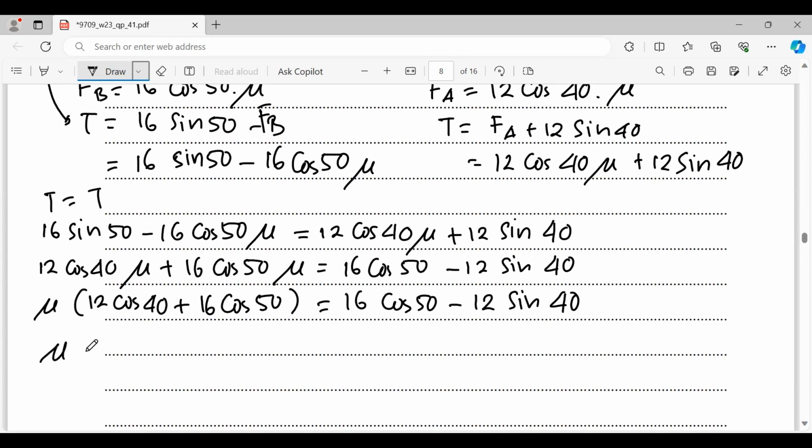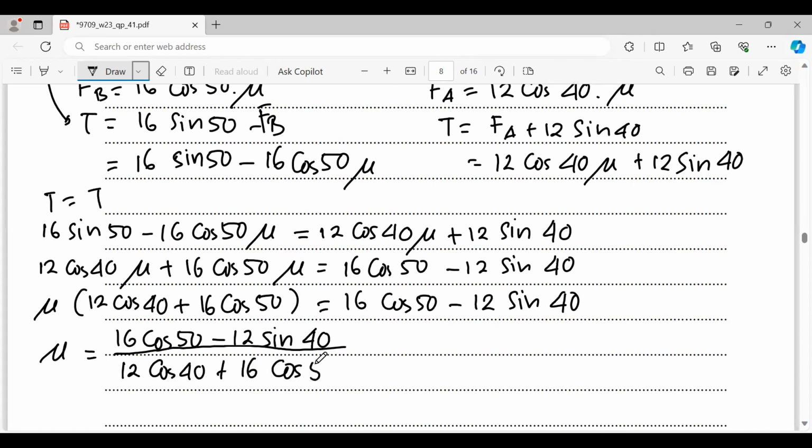It means mu equals (16 sine 50 minus 12 sine 40) over (12 cosine 40 plus 16 cosine 50).